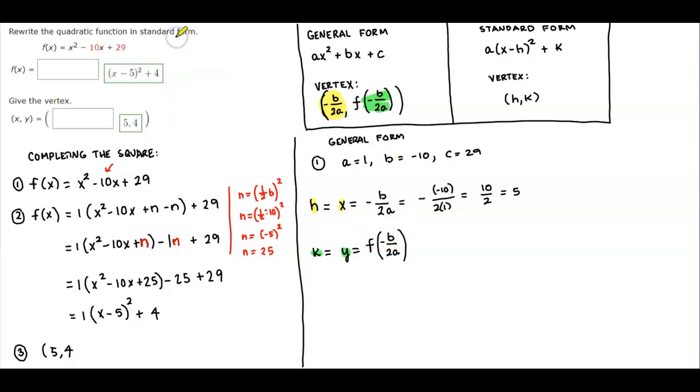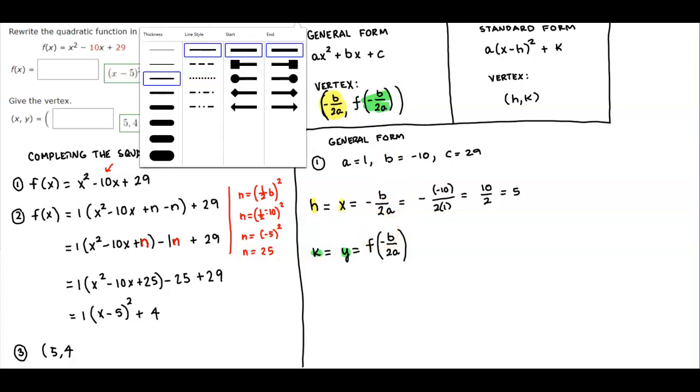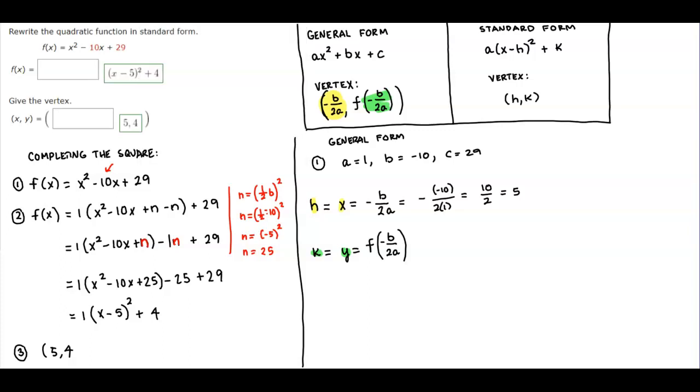So we know what that is from the previous result. Okay, so what is the value that we got from the first part? We got 5, so therefore this becomes f of 5. So where do we get the 5 from again? Well, that represented 5 here, so that's what negative b over 2a was equal to.